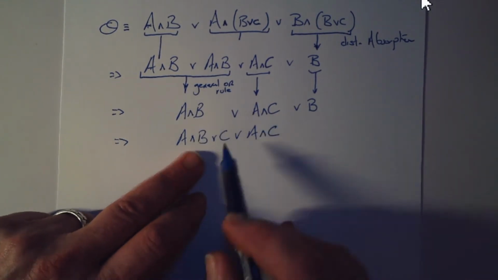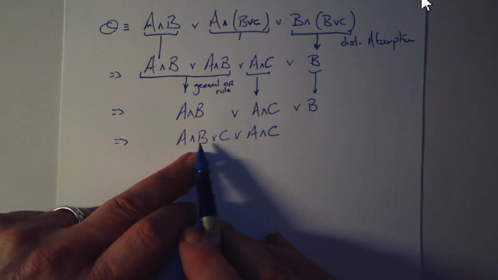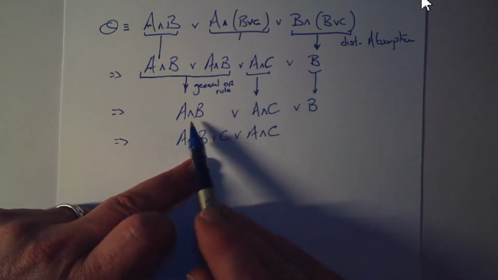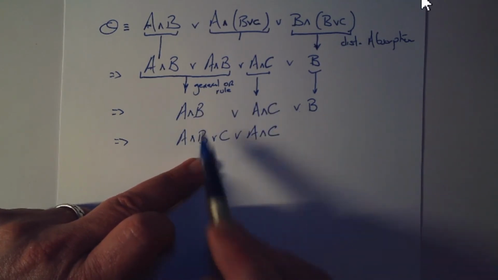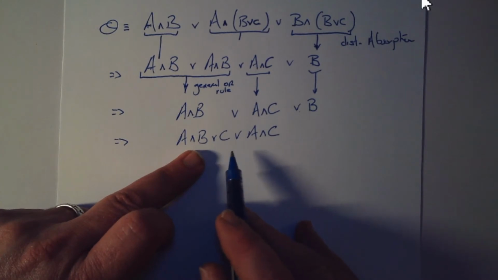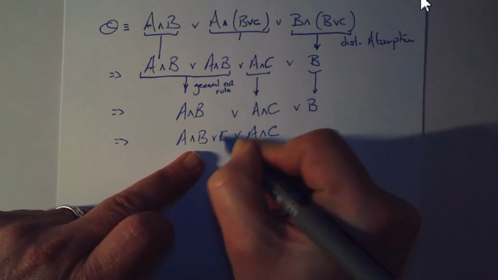So A and B. Okay, so I took a jump there actually, because essentially where I was going with this was to say that B or B, if we commute our terms around, simply gives us the B, which is what we have here. But I've actually written that as a C, so that should be a B. There we go.